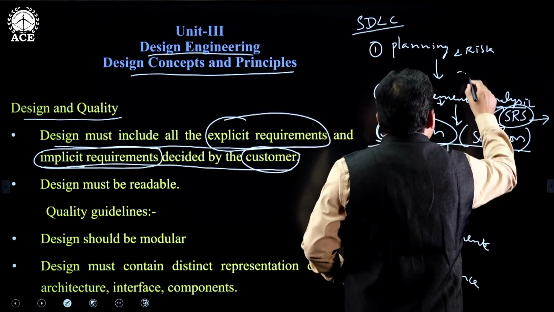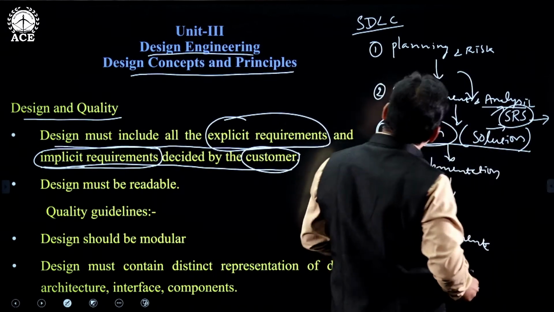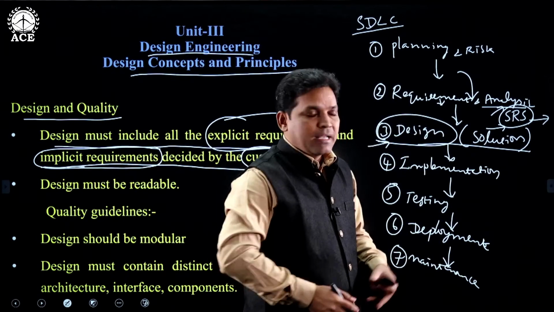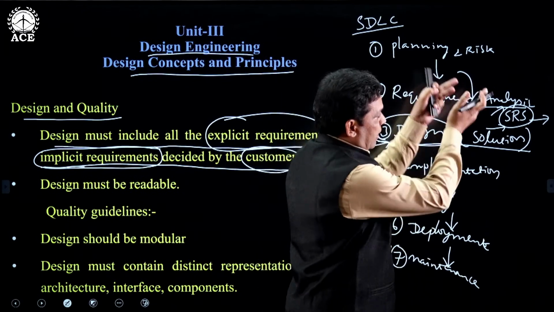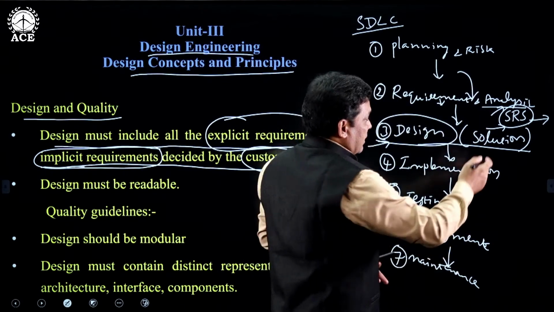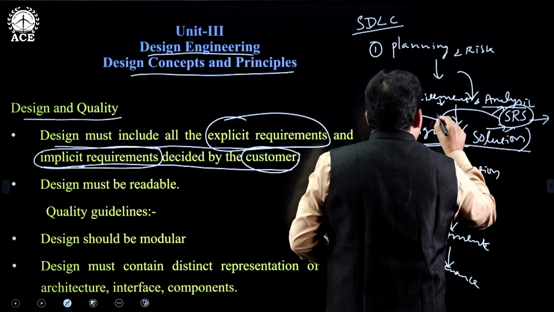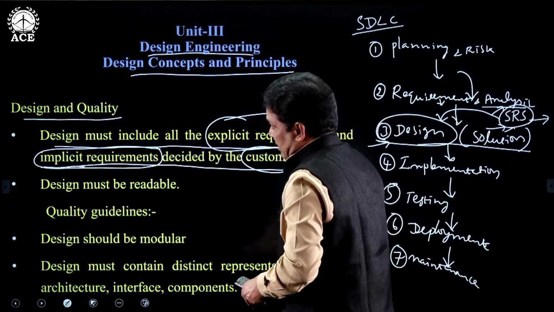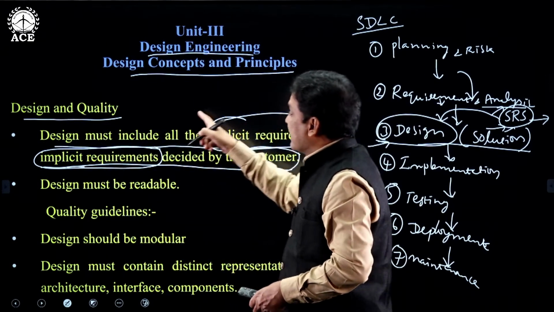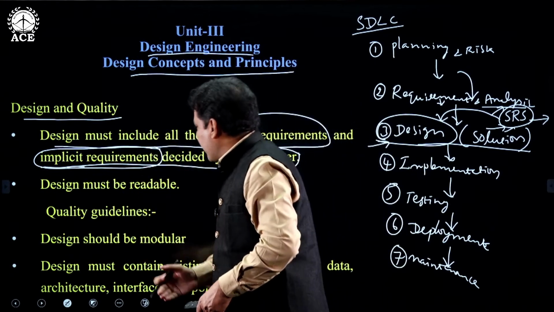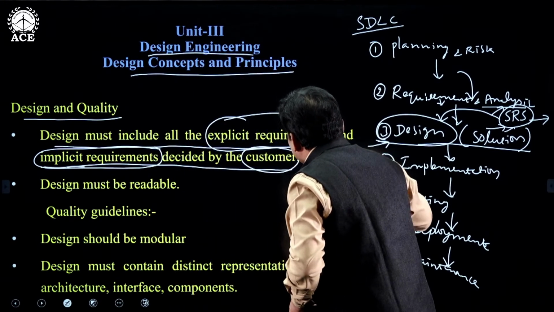When the customer gives requirements to the development team, the project analyst directly goes to the client company, gathers the requirements, and after that analysis is done. Based on that, the SRS document is prepared. Based on this SRS document only, design should take place. That is, design must include all the explicit and implicit requirements decided by the customer.